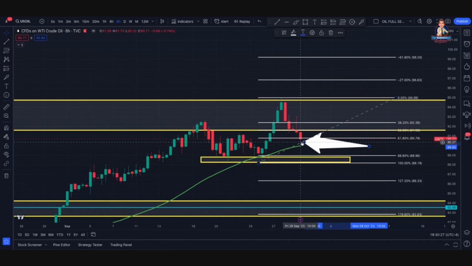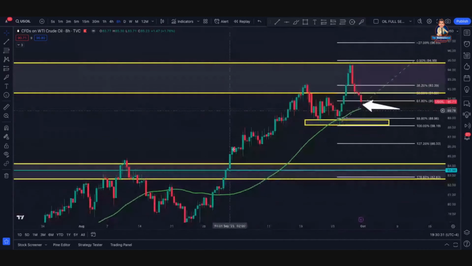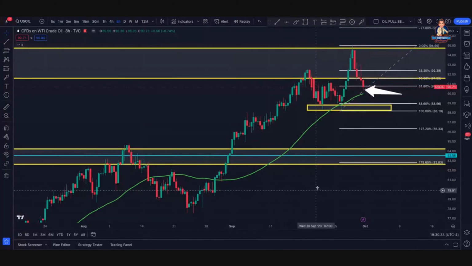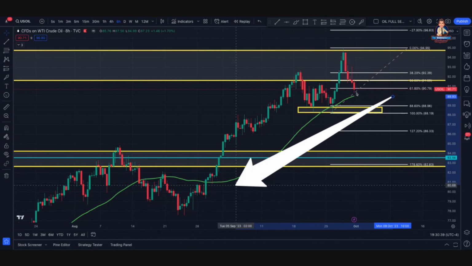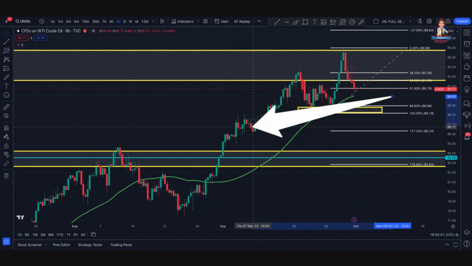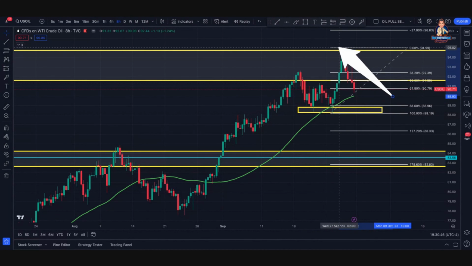Now, when I back up on the 8-hour chart, let me make sure I don't create any more new lines. We can clearly see that we are still in higher high, higher low, higher high, higher low, higher high, higher low. So we're at a critical junction right now.